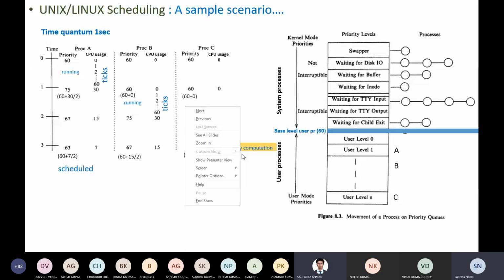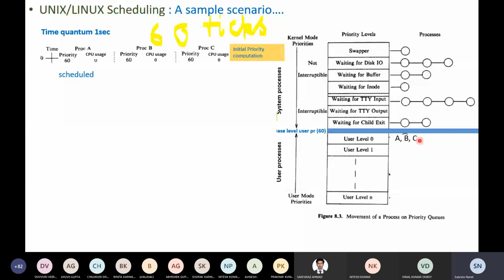Then initially it starts with 0 CPU usage. So as per the formula, 60 plus 0, it will be all 60. So they are all the same. That's why I have shown they all belong to the same level. The value of the priority is associated with a particular notion of level. Is that part clear?